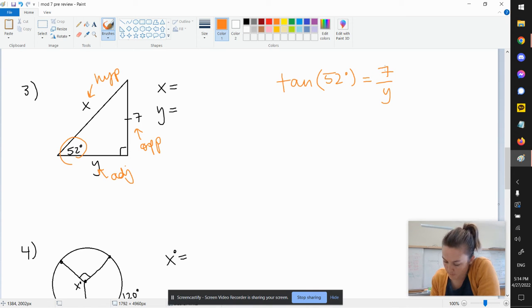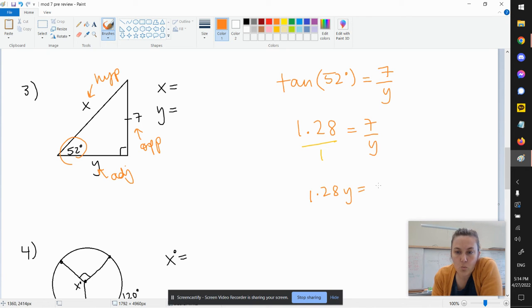I'm going to plug tangent of 52 into my calculator and get 1.28. Then I'm going to cross multiply, get 1.28y equals 7. Then I'm going to divide by 1.28 on both sides to get that y equals 7 divided by 1.28, which is 5.47.